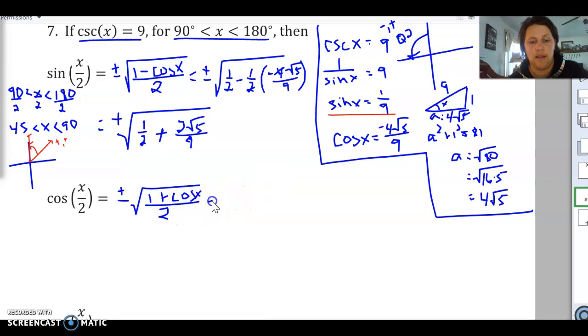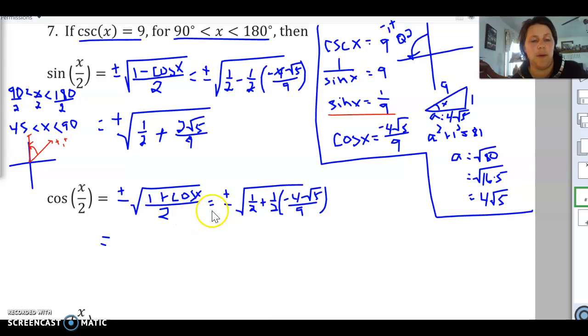And I'm going to rewrite those as fractions. So I have plus or minus the square root of 1/2 plus 1/2 times cosine x, which our cosine x is here, the negative 4 square root of 5 over 9. And then let's just make that look a little bit better.